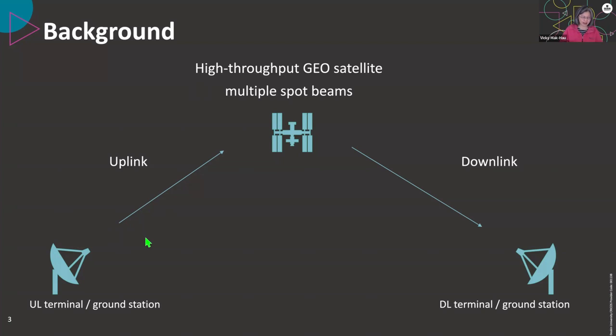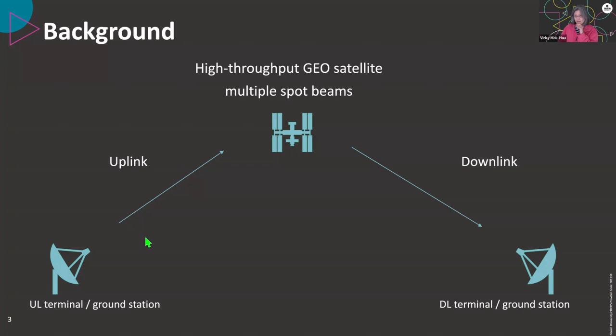A user could be on the ground, at sea, or in the air, and similarly for the downlink terminal. And there are many topologies. They have things like the star topology, or hub and spoke, or mesh and broadcast, and all the rest of it. So it could be quite complicated already.